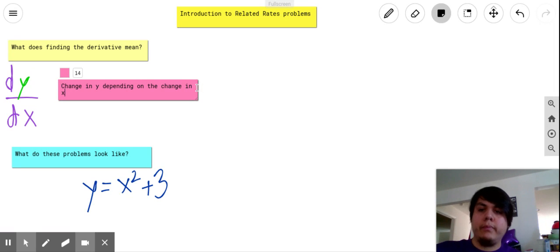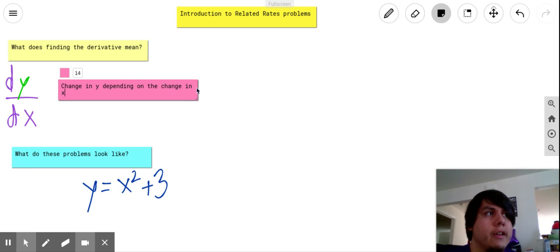So if I know how the x value changes, then I can use my dy dx to figure out how the y value would change, right? And the reason why we normally use d dx, finding a change in a variable with respect to x, is because x represents our independent variable.